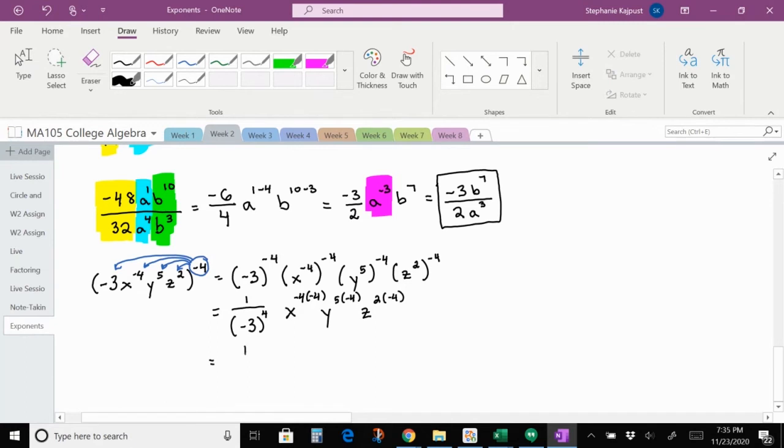And so we would have 1 over, we have our negative 3 to the 4th power, which you can do on a calculator. It's a negative with an even exponent, so that's going to give us a positive answer out. And that gives us 81. And then I write those multiplications.